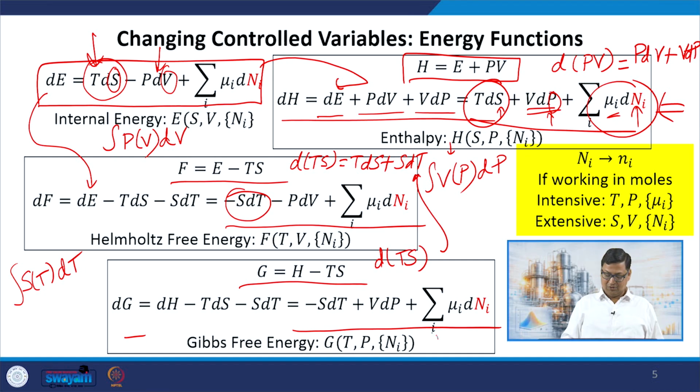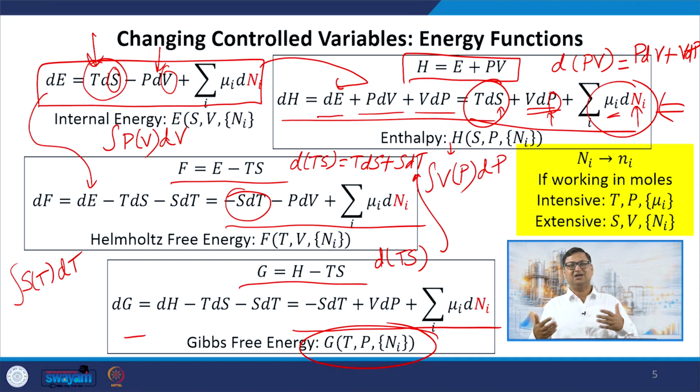And now we have a function where the independent variables are temperature, pressure and number of molecules. And now it may seem natural why we use Gibbs free energy a lot, or why you may have heard of Gibbs free energy a lot, because in a typical experiment or a typical problem statement that you may have seen, you have temperature and pressure conditions defined.